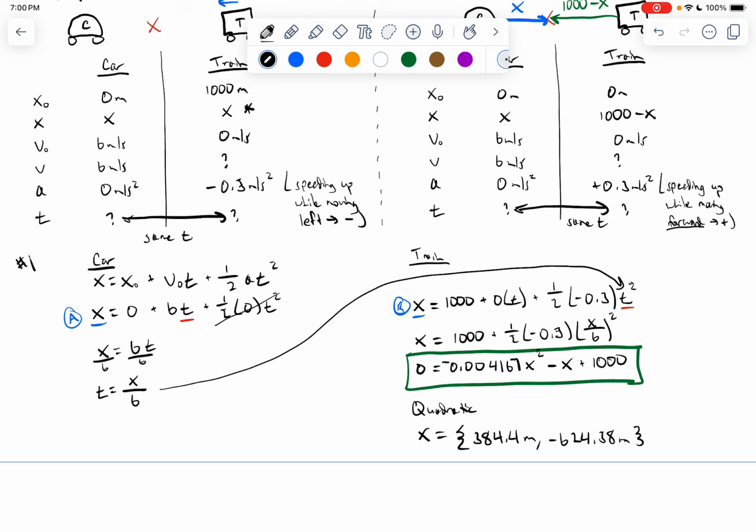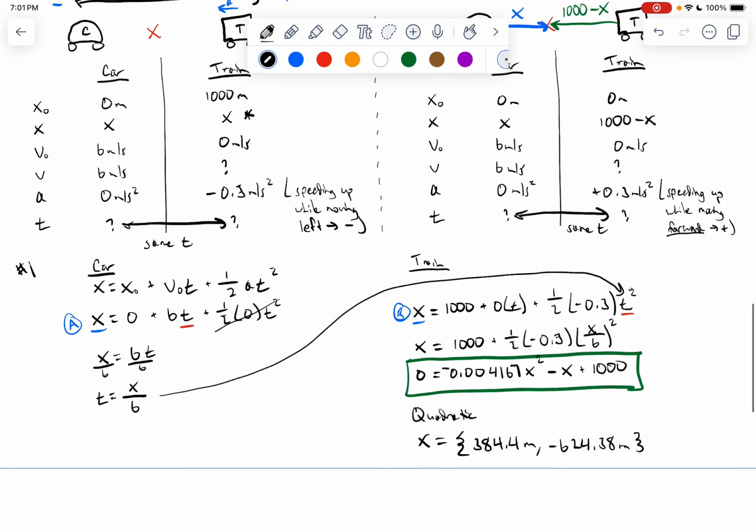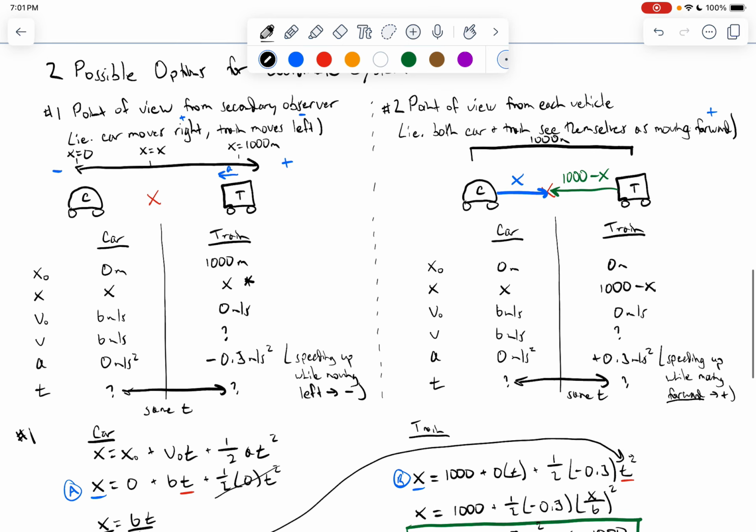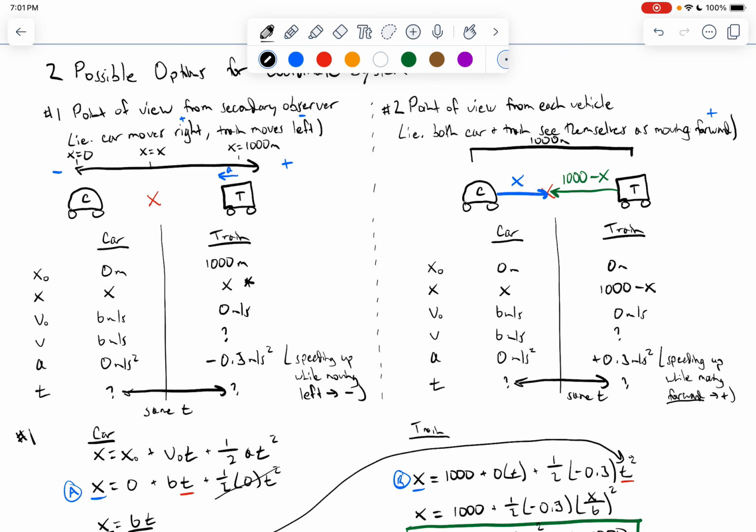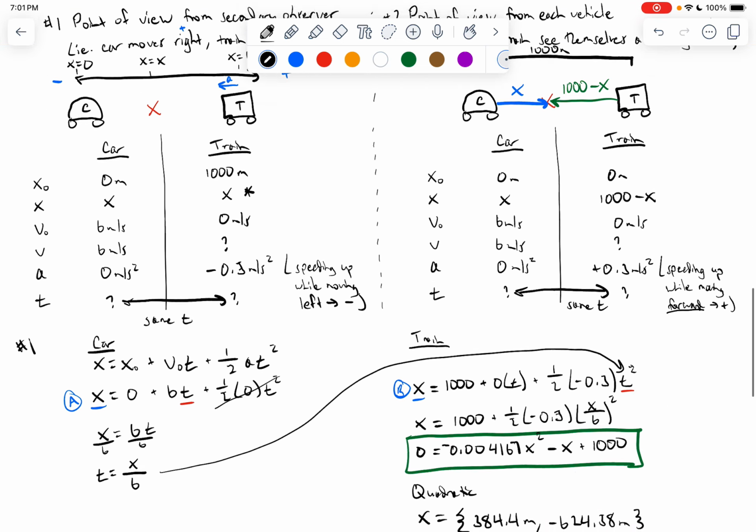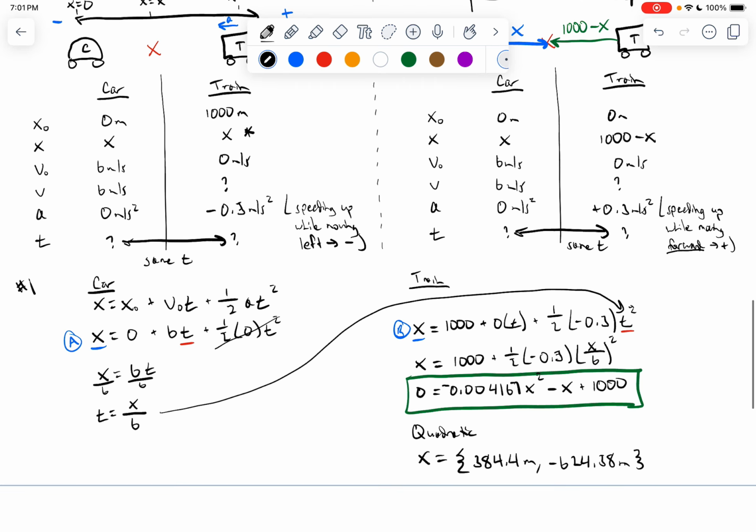Again, since our x was squared, there are two possible mathematical solutions. Now we're looking at these two, right? One of them is going to be the physically correct one. The other will not make any physical sense. So if we go back up to our number line, our car starts at 0, the train starts at 1,000, and they move towards each other. There's really no way for our car and train to collide to the left of where the car started if the car is moving to the right.